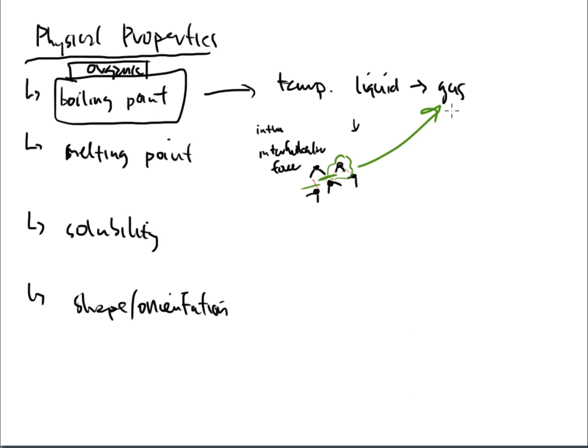All right? So the boiling point that we will abbreviate as BP of a compound depends on what we call the strength of the attractive forces. Now, there's many different types of these forces. We'll talk about some of them, but there's many different types. But it's the strength of the attractive forces between or among the molecules.